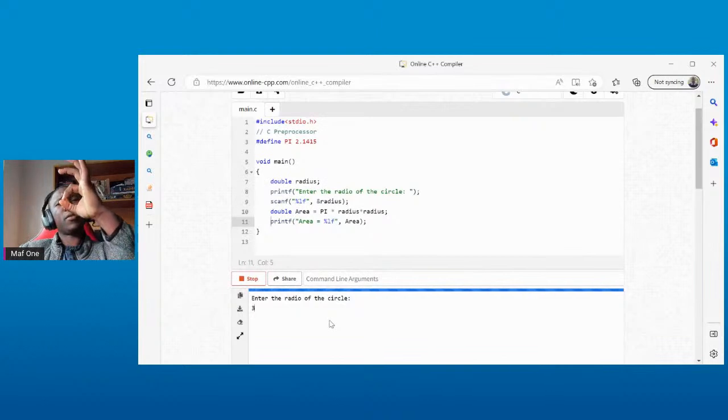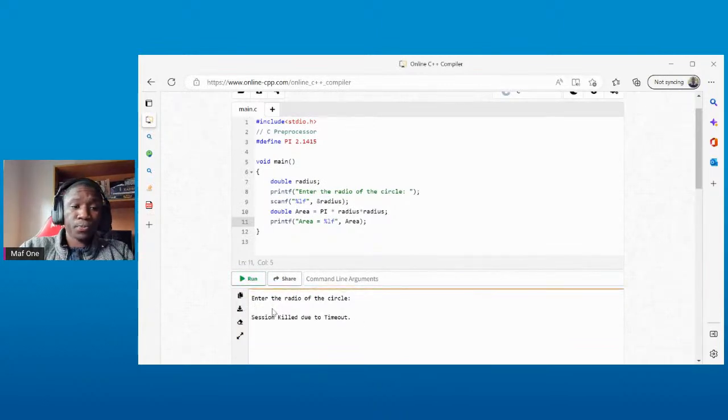If this is centimeters, something like this circle, we have a 3 for the radius. Yeah, that's 3 centimeters. And then we did 3 radius.